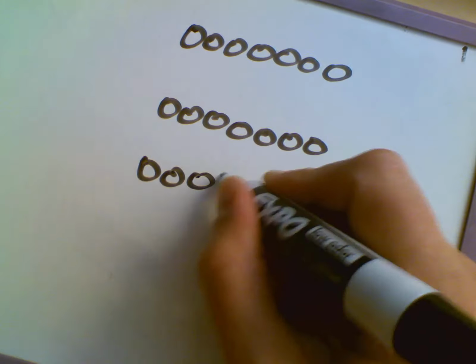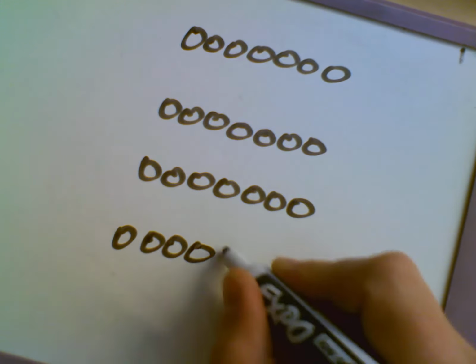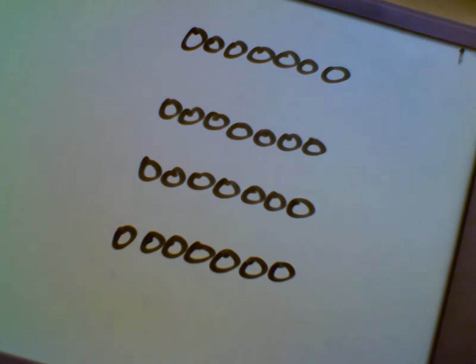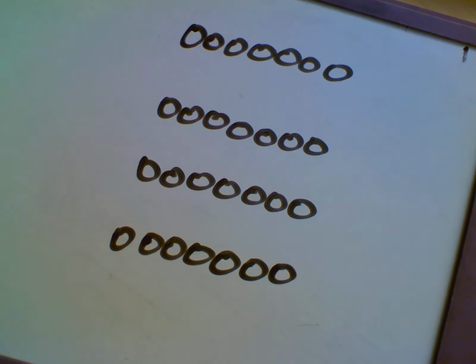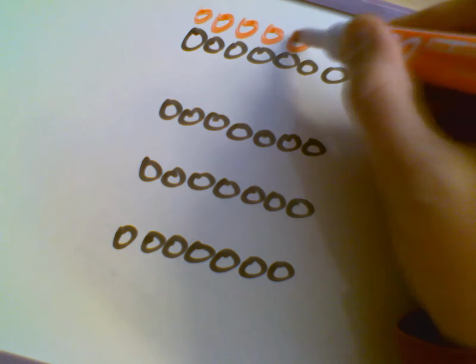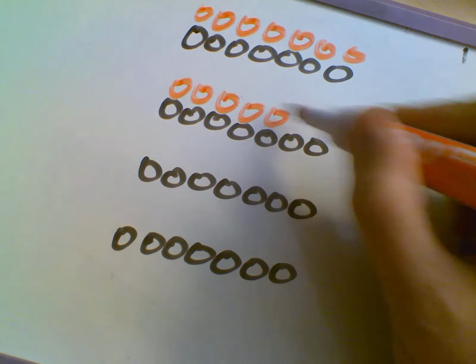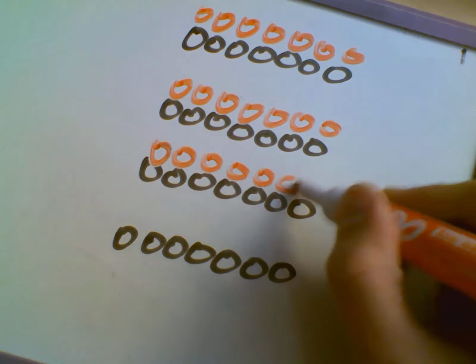Now while I'm drawing this, I'm just going to remind you that when we started integers, we talked about how everything in the universe has an equal and opposite. Even matter itself has positive and negative. So for every integer, we must presume that every positive has an equal and opposite negative. So here I'm putting equal and opposite positive and negative to show my integers.